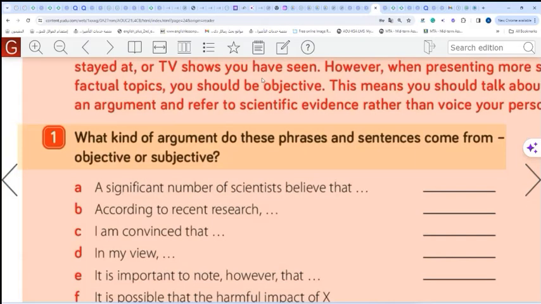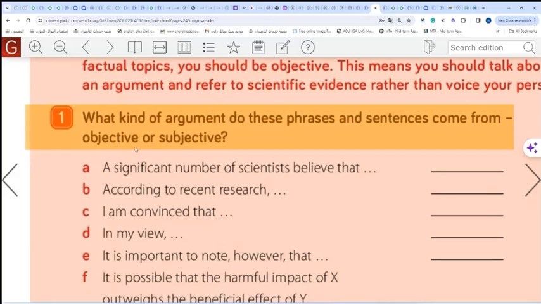Dear students, look at exercise 1. What kind of argument do these phrases and sentences come from? Are they objective or subjective? When I say, for example, A, a significant number of scientists believe that.